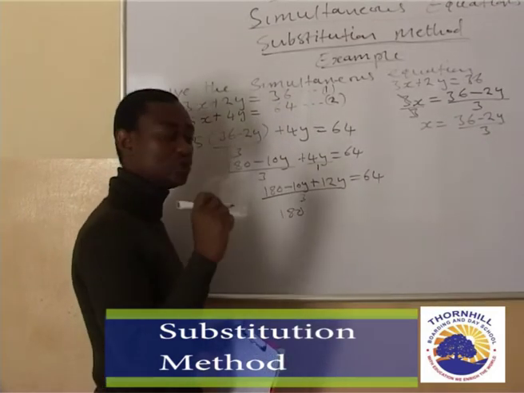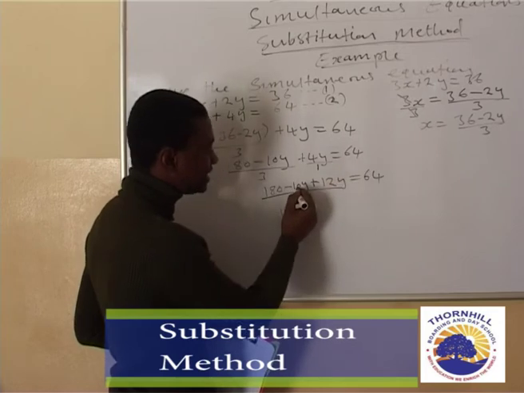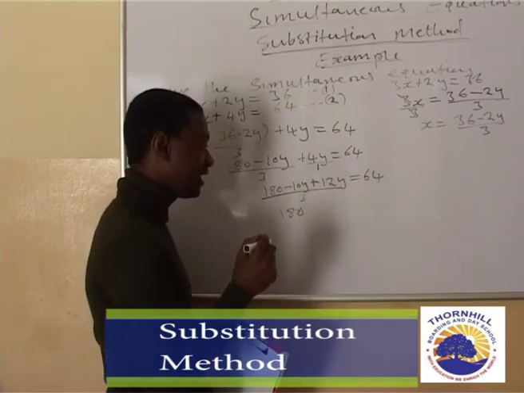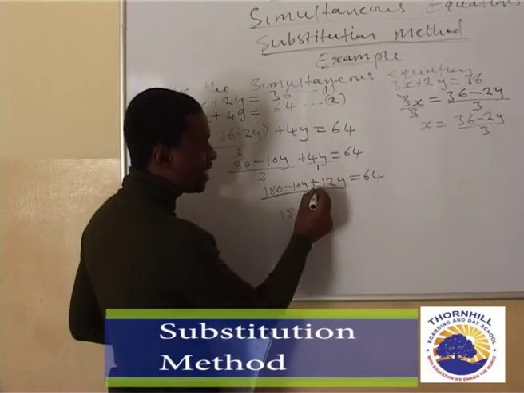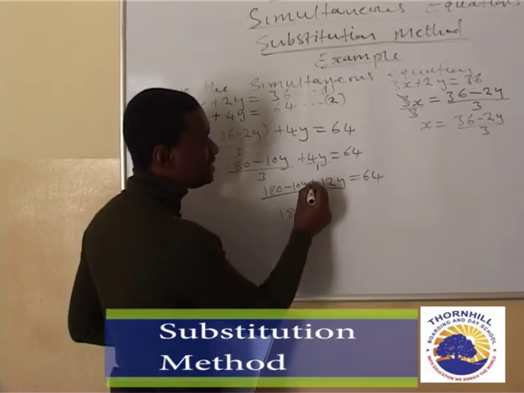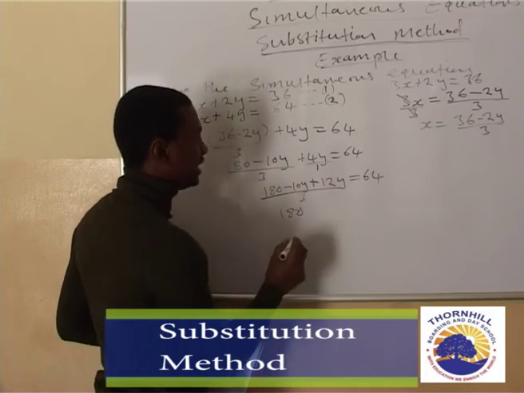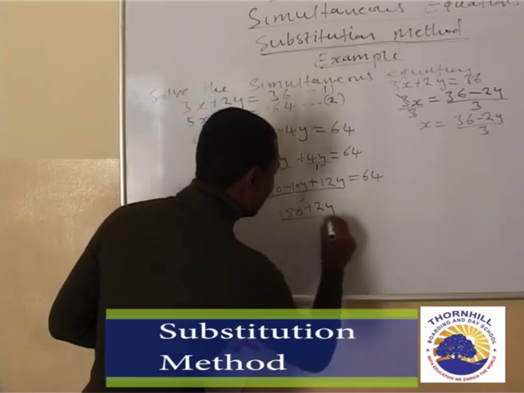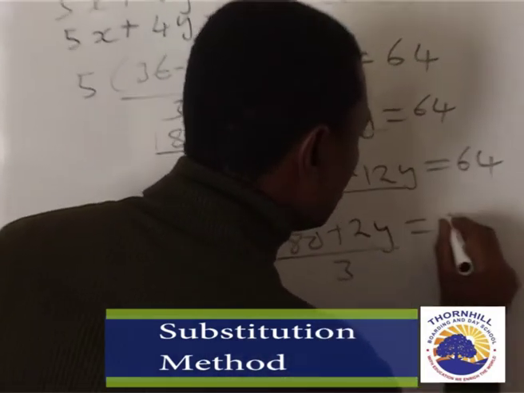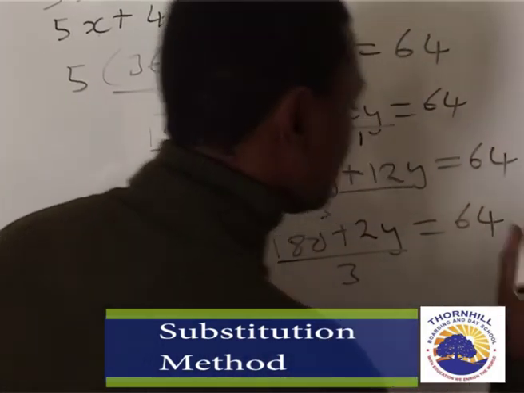In this case, it is the same as saying 12y minus 10y, which is 2y. That 2y is going to be positive because 12 has a positive sign and is a bigger number than 10. Therefore, it's going to be 180 plus 2y over 3 is equal to 64.